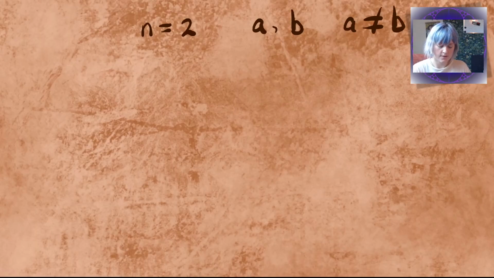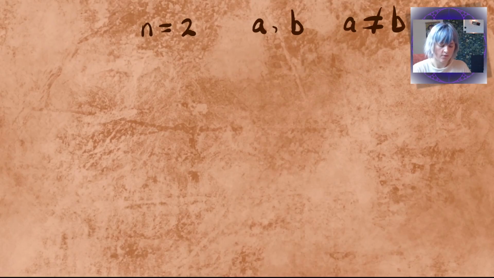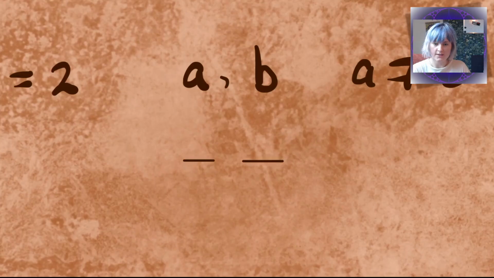All right. So let's see how many arrangements we can make out of them. We know from n factorial that we should be getting 2. But let's see what we find. All right, so I'm going to start off here. The way I like to think about it is I have position 1 here, I have position 2 here.